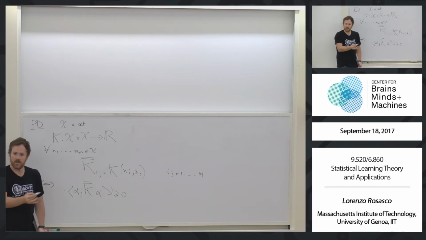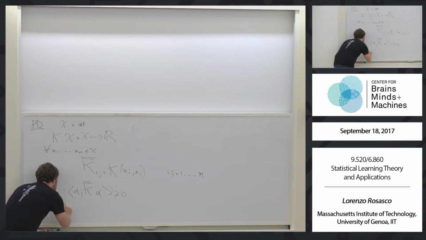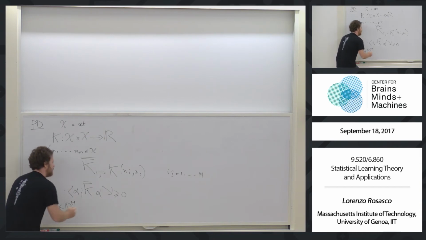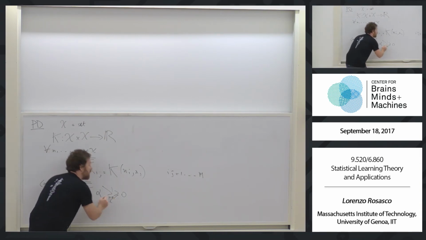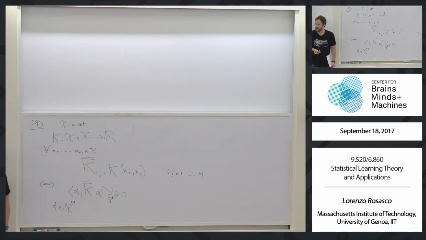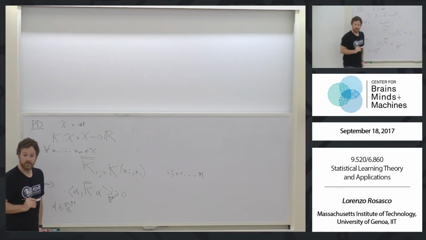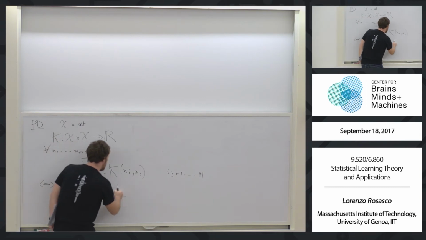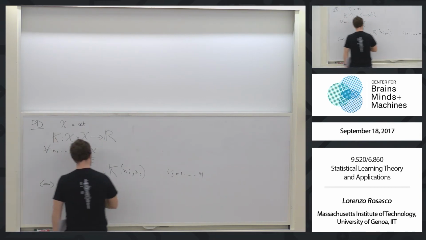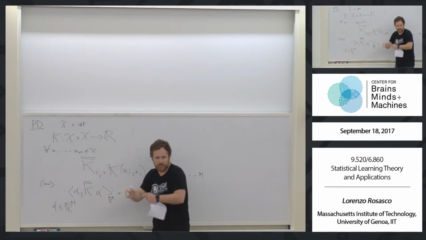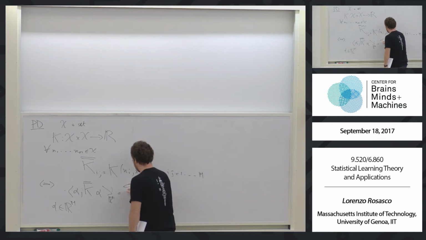This is the same thing. So alpha here is a vector in R^m, and this is a product in R^m. This is another way to say positive semi-definite. Agree? So let me write this down using the kernel function, okay? If you expand the product, you get the following thing.